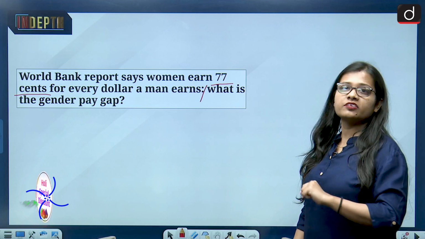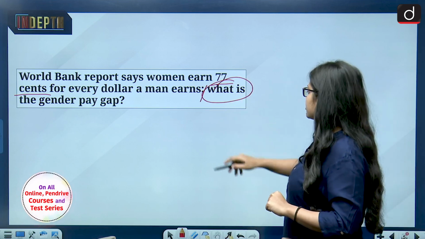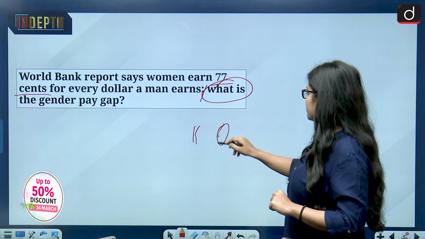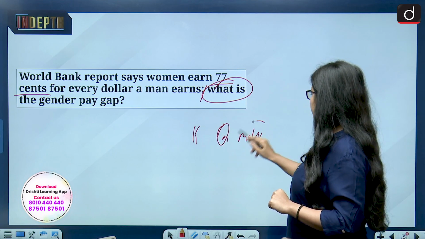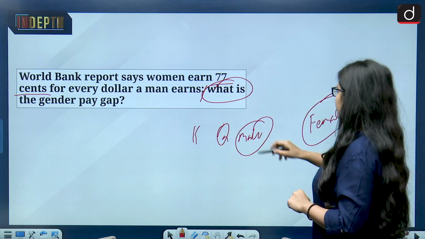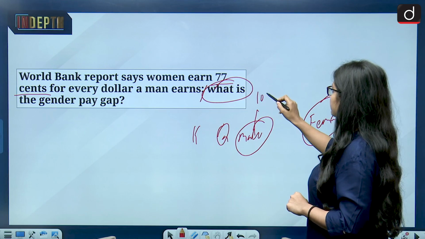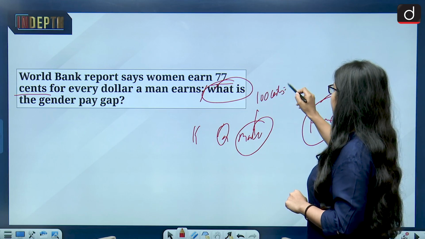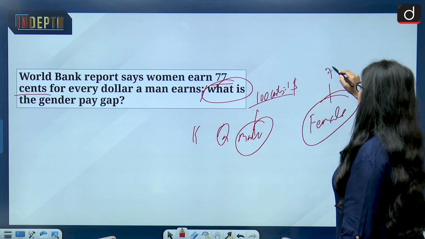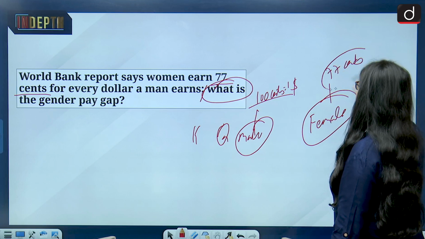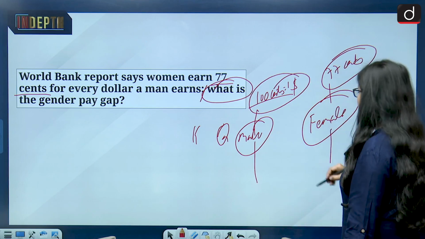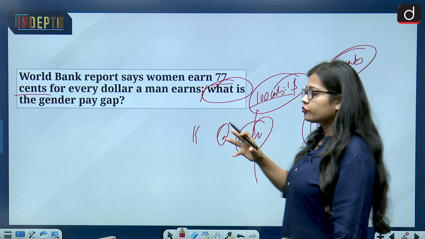As I just said, between male and female, if a male is earning 100 cents, which is equivalent to $1, then a female is earning 77 cents. It means that males are earning more than females. Now why is it so?